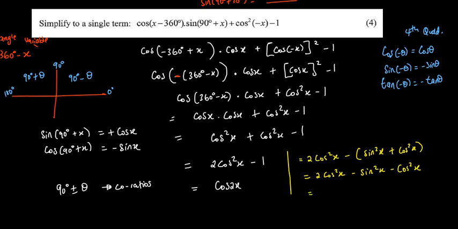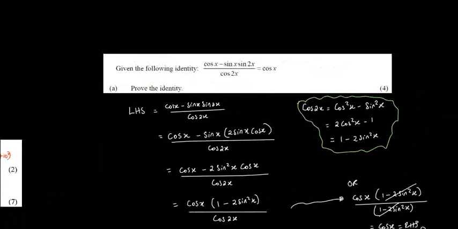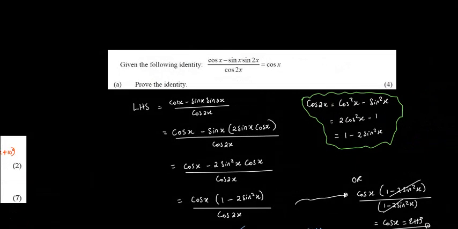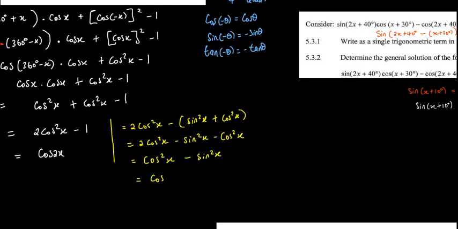Remember you have 2 cos squared x minus cos squared x, which would give you cos squared x, and then you have minus sine squared x, which brings you to the first formula for the double angle of cos. So even if we did it that way, we'll still go back to the fact that this is actually cos 2x. I hope that is clear then.